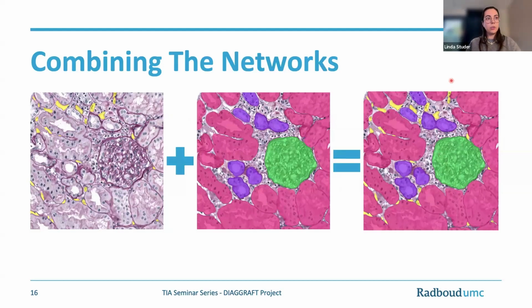The nnU-Net also gives us a kind of probability score for each class, which we then used to combine these two outputs to really have the complete segmentation that we are looking for within this project, to give to the pathologists for the AI-assisted diagnostics.